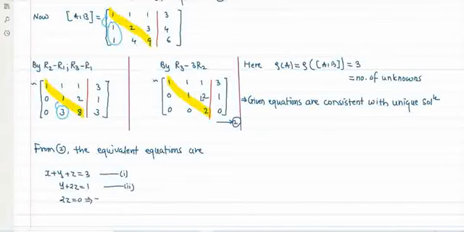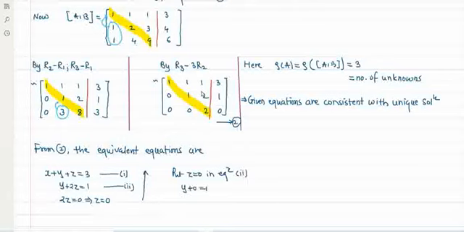This implies what is z? 0. And you have to use back substitution. Put z equal to 0 in equation 2. So what will you get? y plus 0 equals 1. So y is equal to 1.